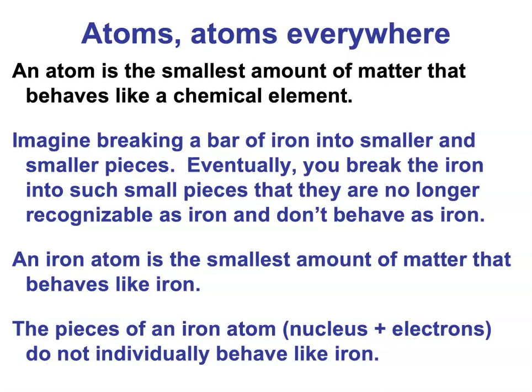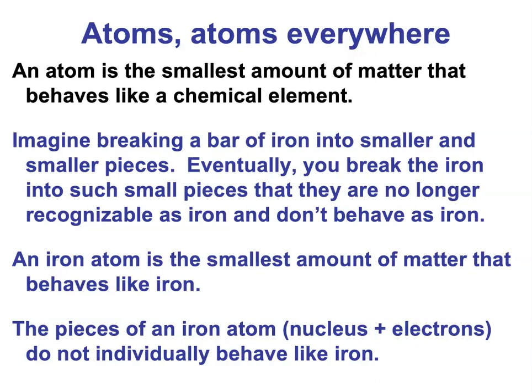And an atom is the smallest amount of something. An atom is the smallest unit of a substance, of a material, that you can have that still behaves like that metal or like that element. If you took a bar of iron and if you broke it in half, you'd have two smaller bars of iron.